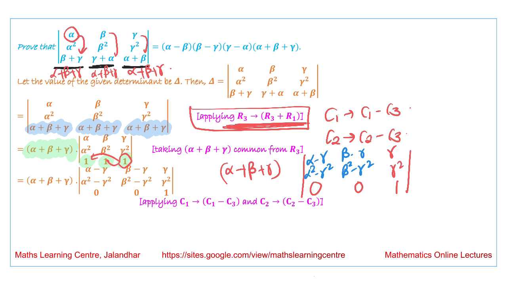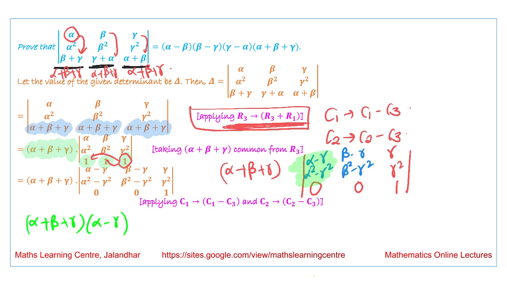So from this what we will obtain, look at these two terms over here. We can write alpha minus gamma common.